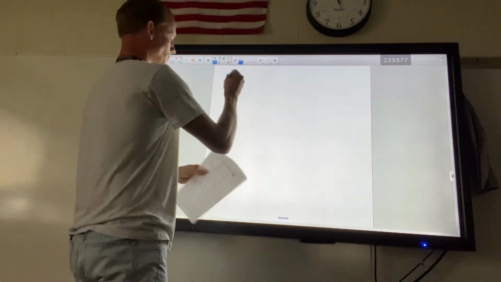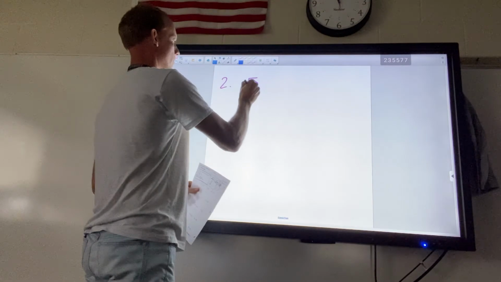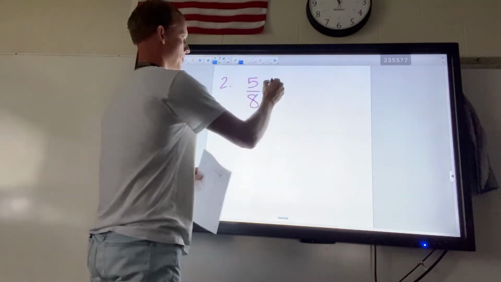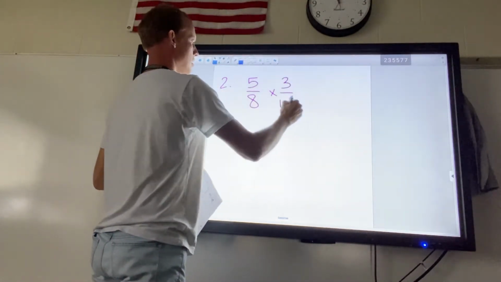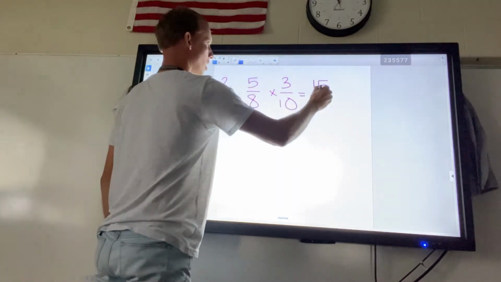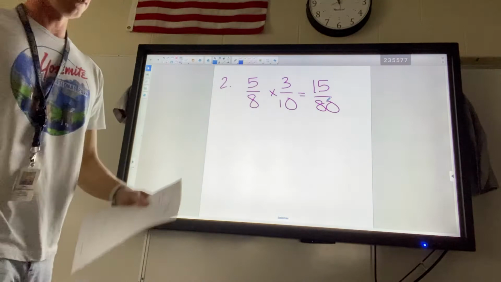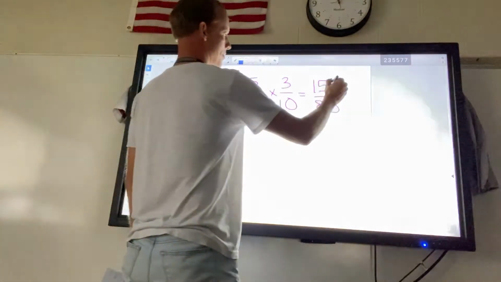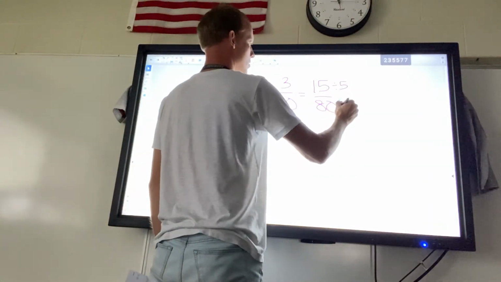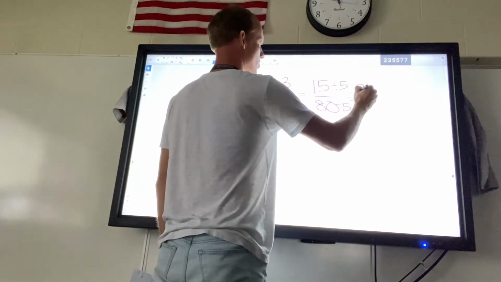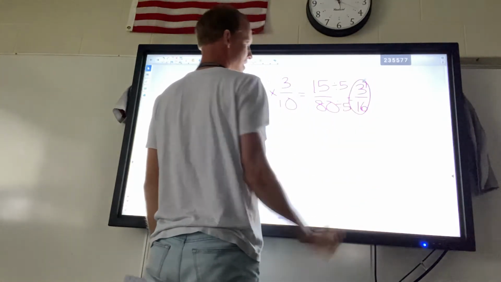Okay, number 2. We have 5/8 multiplied by 3/10. If you multiply across, you're going to get 15/80. You're going to have to reduce that. You could divide them both by 5 and you end up with 3/16.